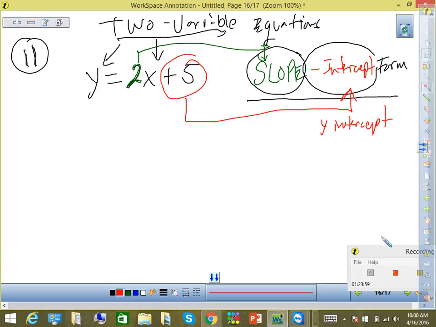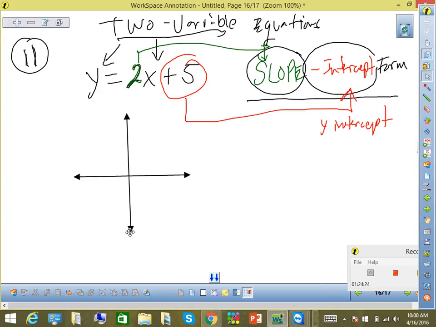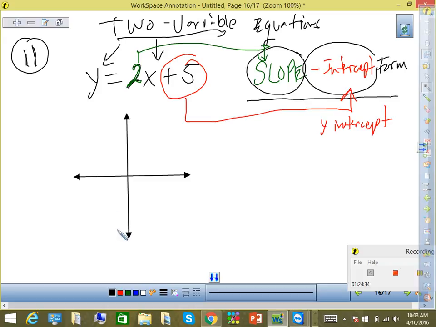So now, look up, please. On your graph paper, get that in front of you. Make a coordinate plane.